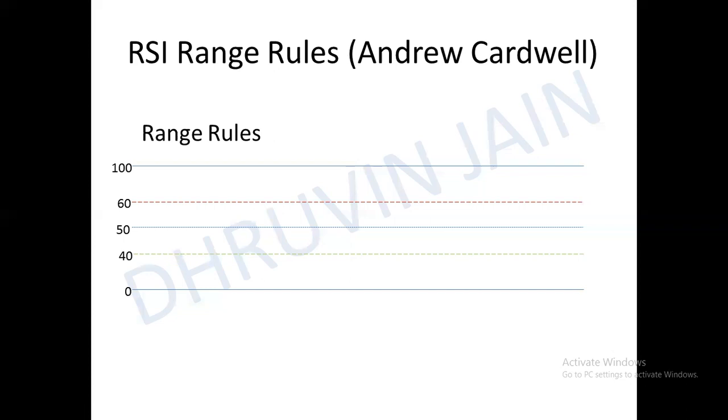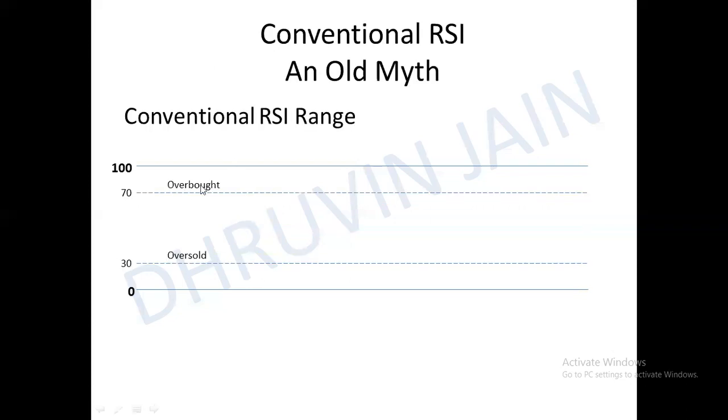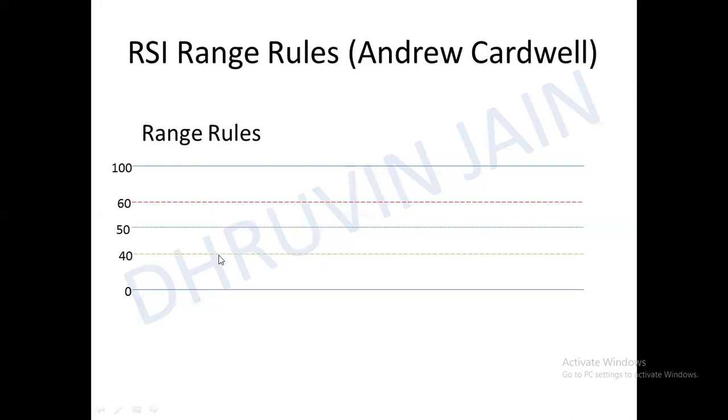First, we will study the most basic topic, which is RSI range rules. Conventionally, we saw that 70 was an overbought region and 30 was an oversold region, where we have to short sell at one and go long at the other. But now we will see RSI range rules in a way which is very extraordinary and works greatly, in my opinion.